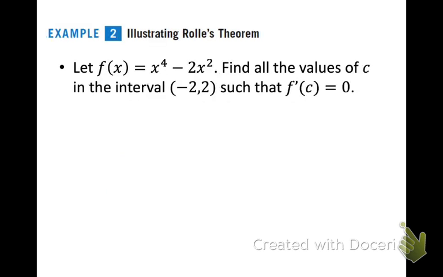Okay, let f of x equals x to the 4th minus 2x squared plus 2. Find all values of c in the interval -2 to 2 such that f prime of c equals 0. So what do I need to do? Find the x-intercepts because I need to show that there are points in there that are equal, yes?